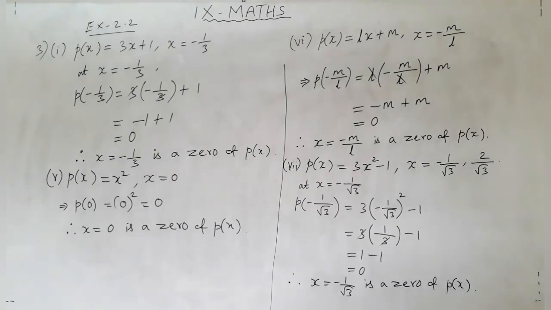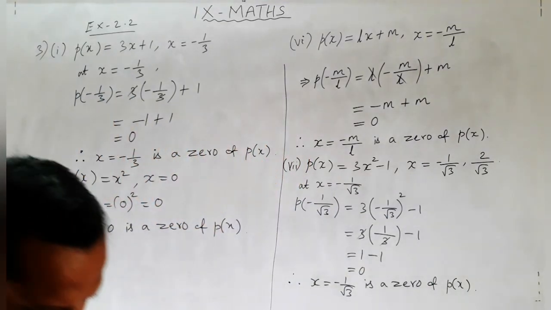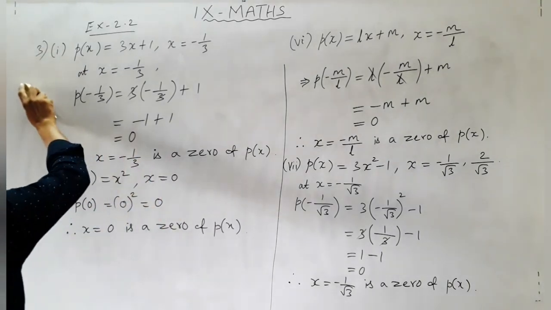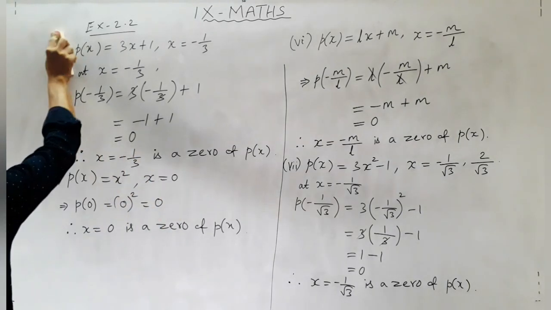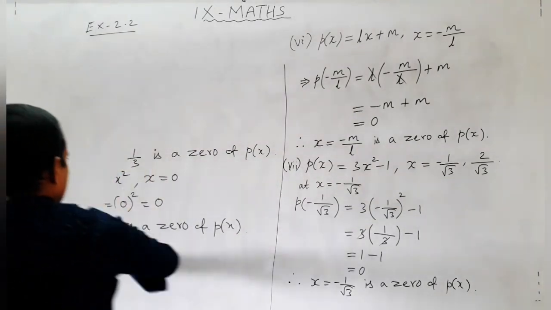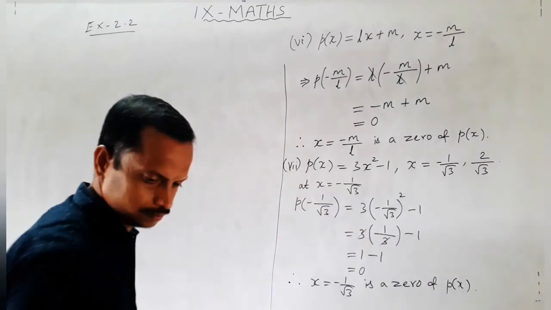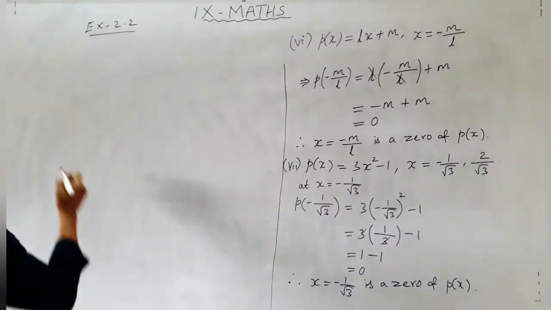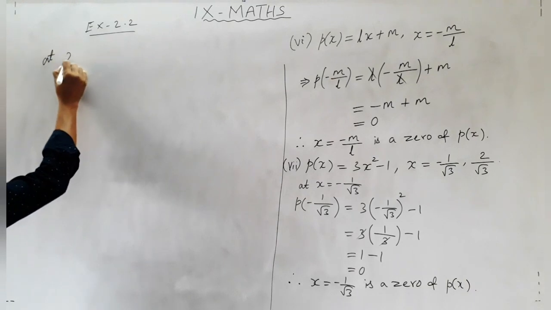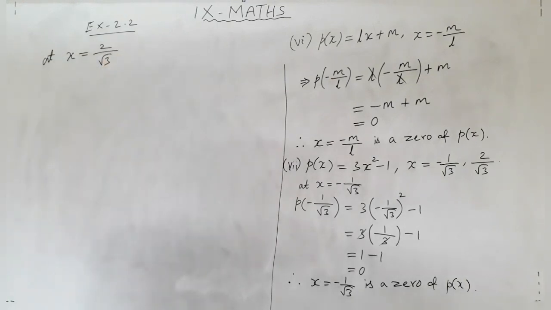So what about the next, 2 by root 3? If you substitute 2 by root 3, what happens? You just see. At x equal to 2 by root 3.